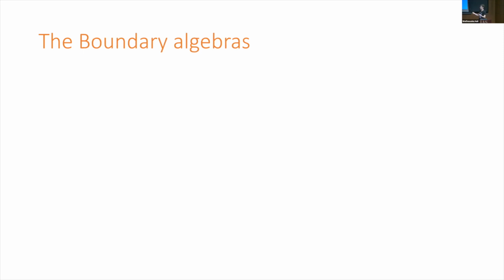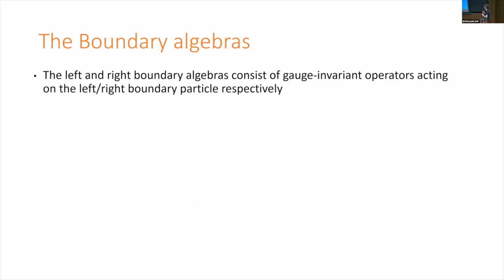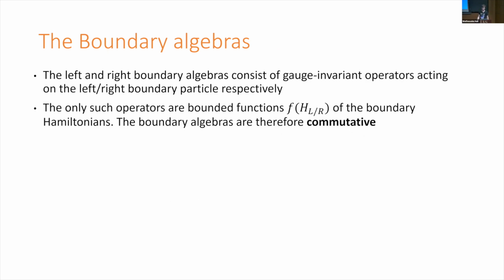We can now ask what natural algebras are associated with the two boundaries. Remember I said the gauge invariant algebras are just operators on the unconstrained Hilbert space that commute with the gauge constraints. So they're just operators acting on the left or right boundary particle that commute with the gauge constraints. The only such bounded operators are just bounded functions of the left or right boundary Hamiltonians.